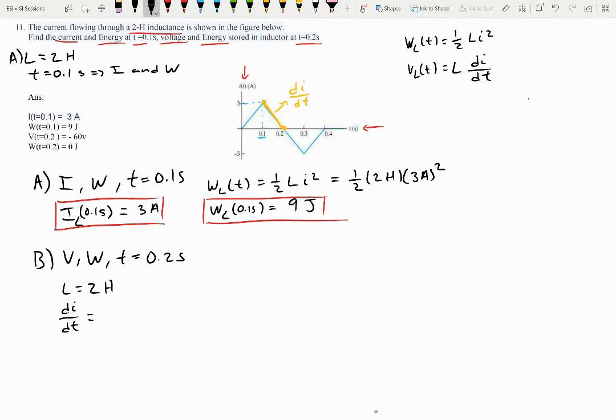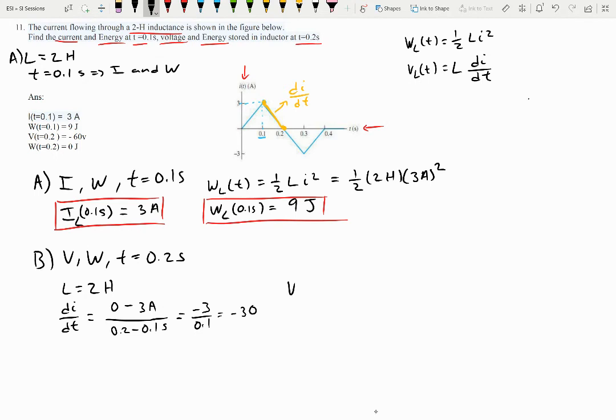So final current is 0, initial current is 3 amps. Our final time is 0.2 and our initial time is 0.1 seconds. So we will get negative 3 over 0.1, which will give us negative 30.